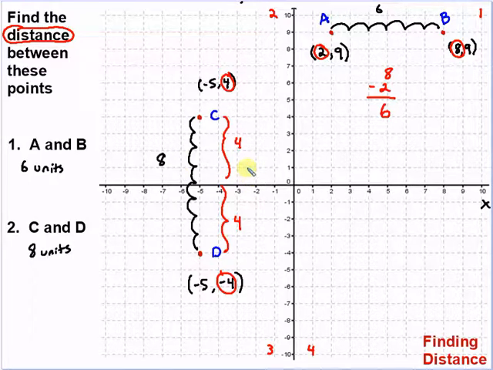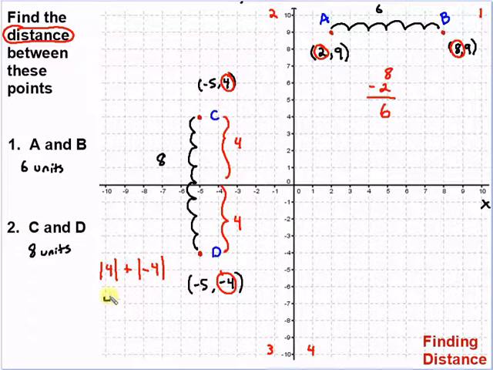If I want to find the distance between 2 points that are in different quadrants, I take the absolute value of the coordinate that changes and I add them together. So take the absolute value of 4 and I add that to the absolute value of -4. And what does that give me?